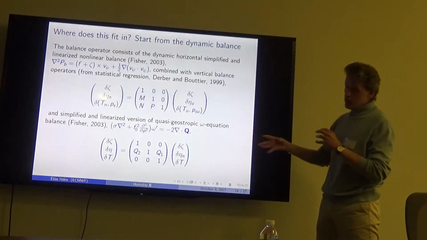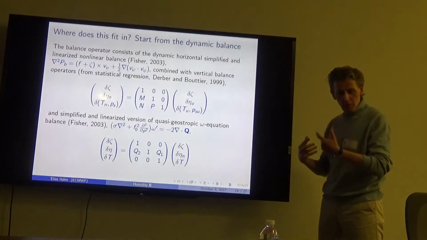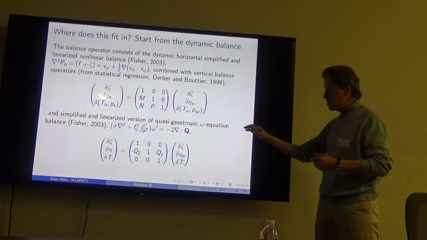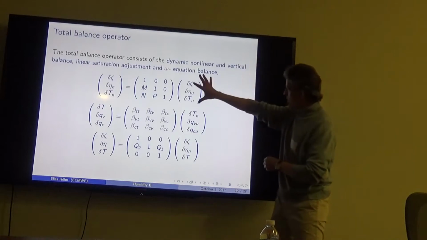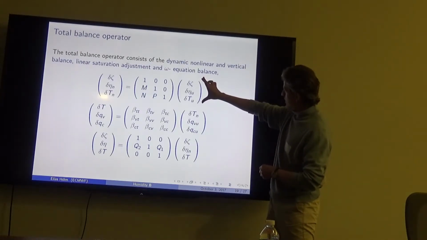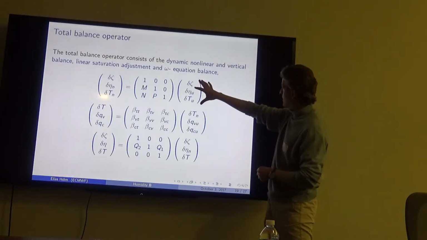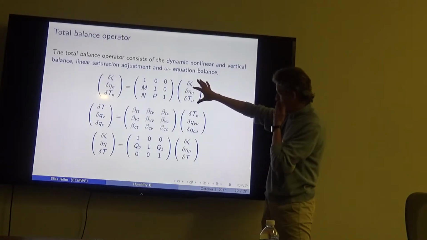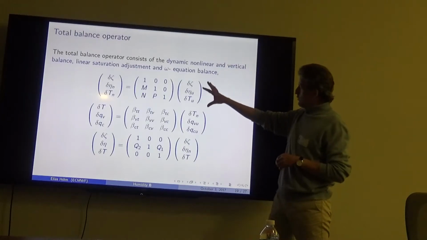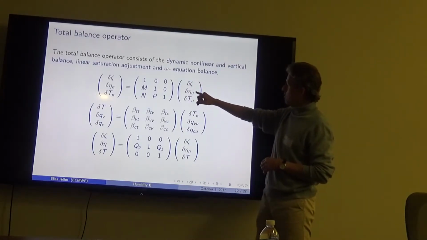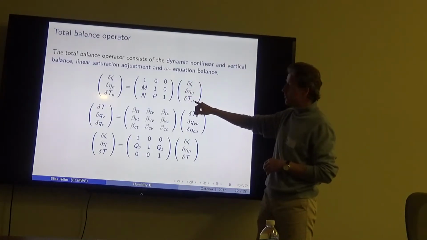So we want to link humidity into this picture. Let's look at the next slide, how we do that. So this is the vertical balance, this nonlinear dynamic balance. Then, out of that, we come in with unbalanced divergence, unbalanced temperature increments.